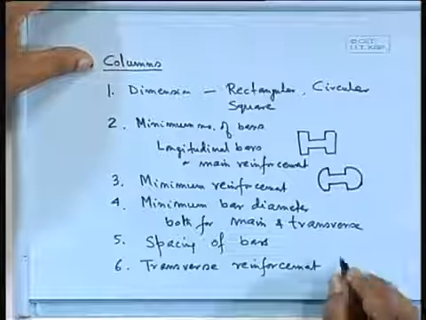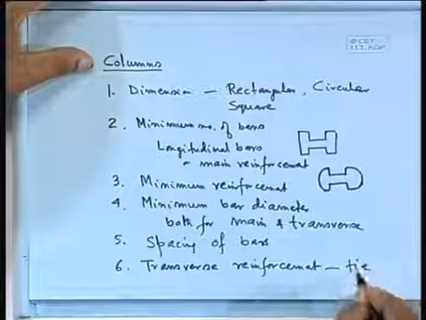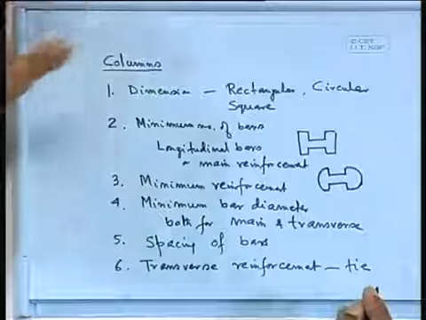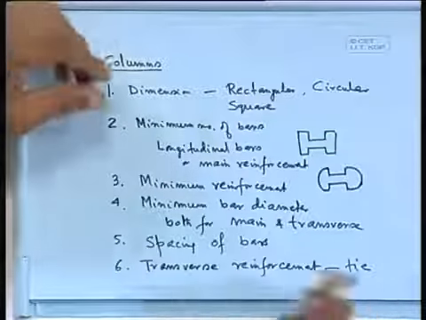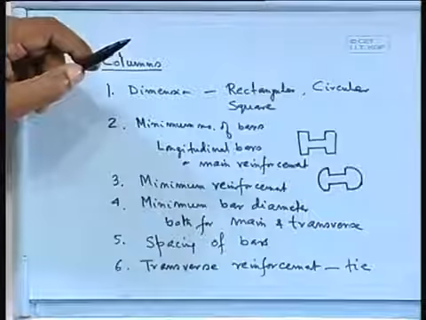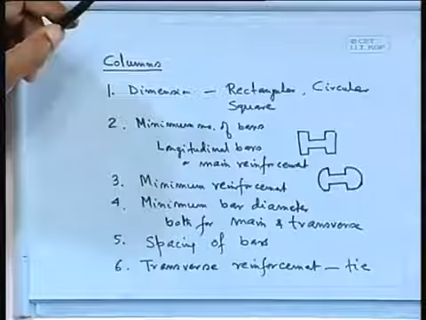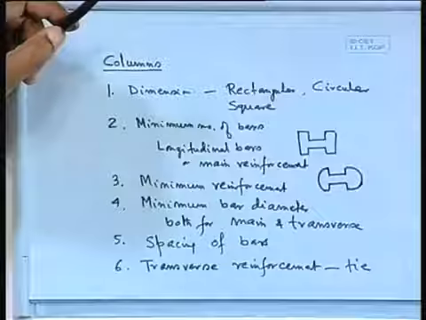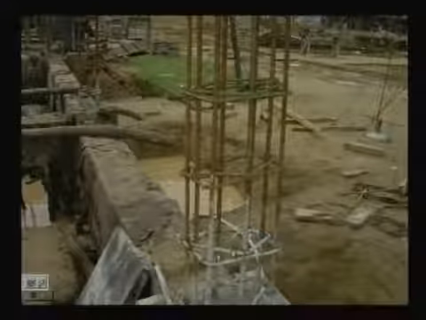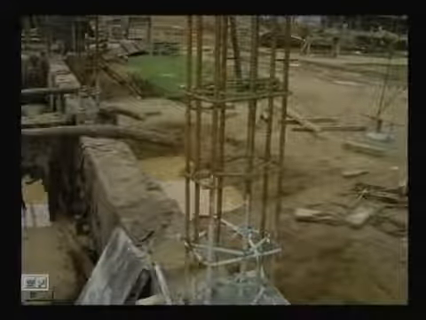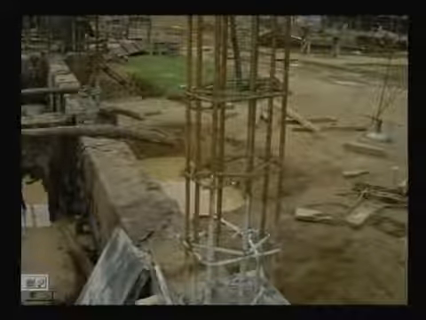This transverse reinforcement we call ties, compared to stirrups in beams; here we call it tie. So tie means this is the lateral reinforcement that you have to provide. So these are the ties we are providing here. Personally I don't like this type.